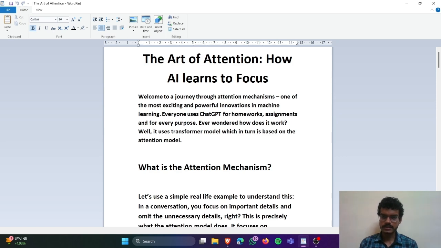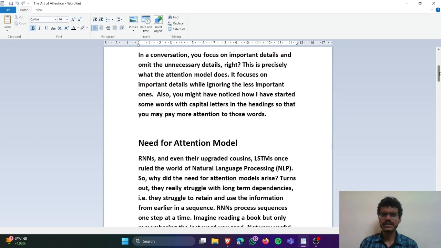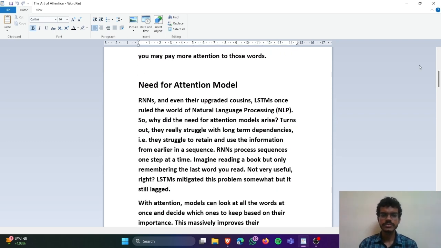So attention mechanism takes a sentence as input, then it processes all the words parallelly and assigns some attention weights to it, and then based on these weights it measures the importance, and it tends to keep the more important information and forgets the less important ones.